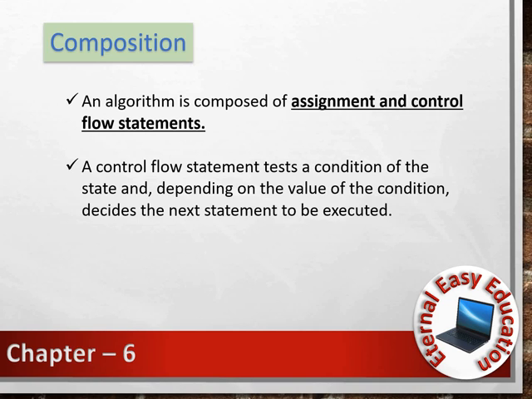So it is not necessary for a program to execute the lines sequentially. That means the flow of the execution of the statements is controlled. So this assignment, that means giving a value, and also controlling the flow of the execution, making a combination, that is said to be the composition.